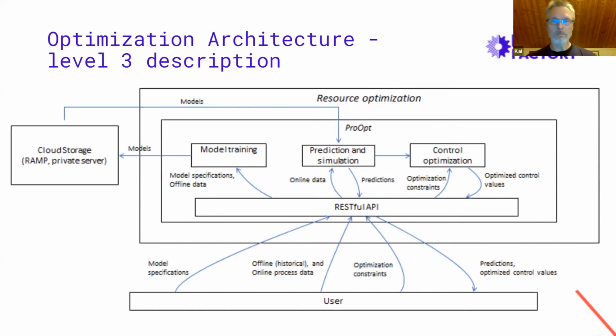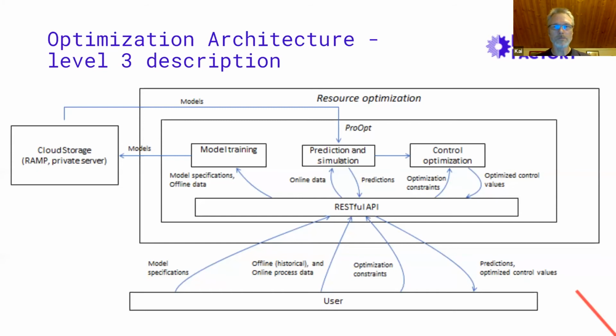The first module is model training. This module receives a training dataset and model specification from external applications to run a training pipeline and results in predictive models. The models can be stored in the RAM storage for later use by other modules.